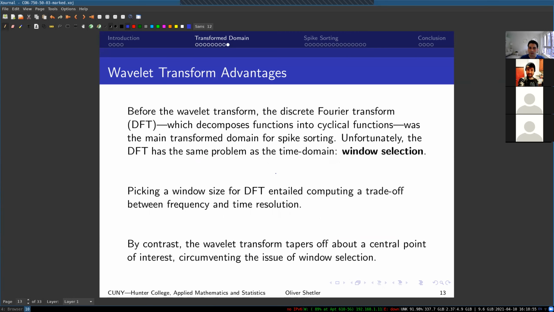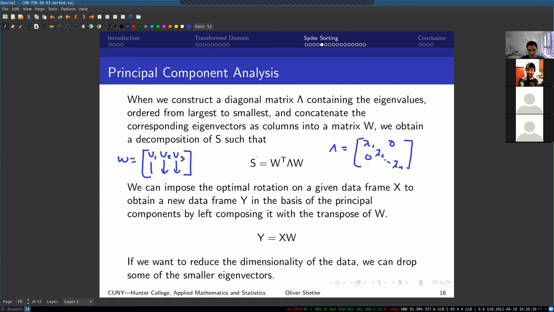And you can use this method to decompose the covariance matrix, the empirical covariance matrix. And it turns out that the optimal rotation is actually just this eigenvector matrix, right? So we just apply it to the data matrix and we get a new matrix in the basis that maximizes separability.